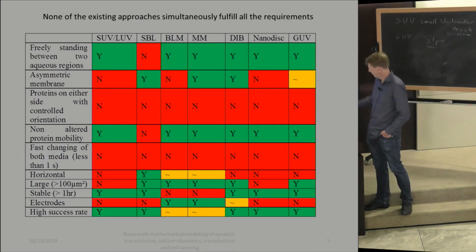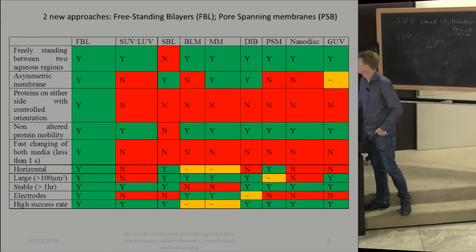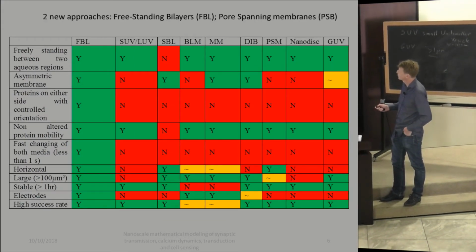So none of these techniques, which are very useful, fulfill all the requirements. I'm going to present two techniques. One we call FBL, for freestanding bilayer, and the other one is pore-spanning membrane. You see the first one is green everywhere.